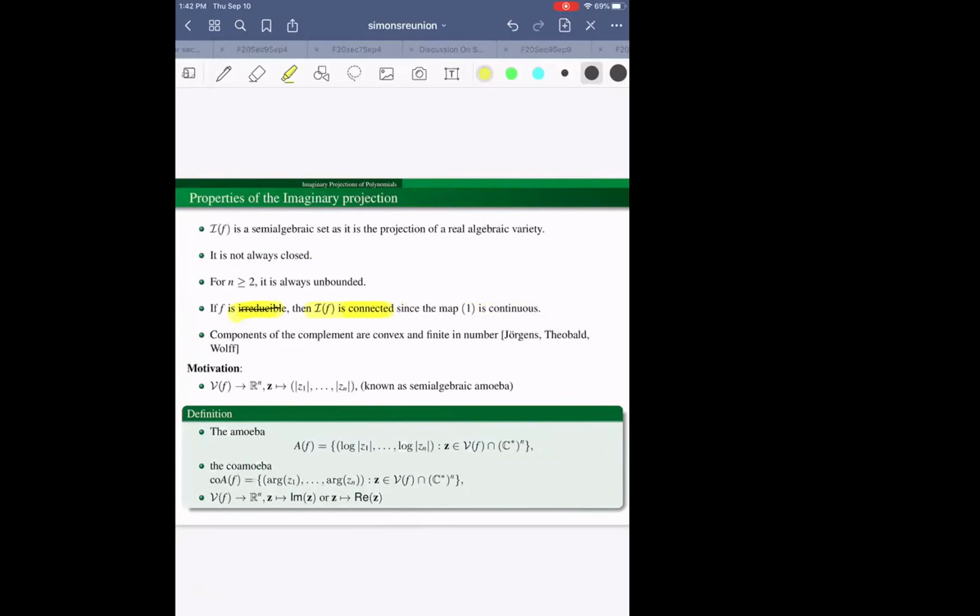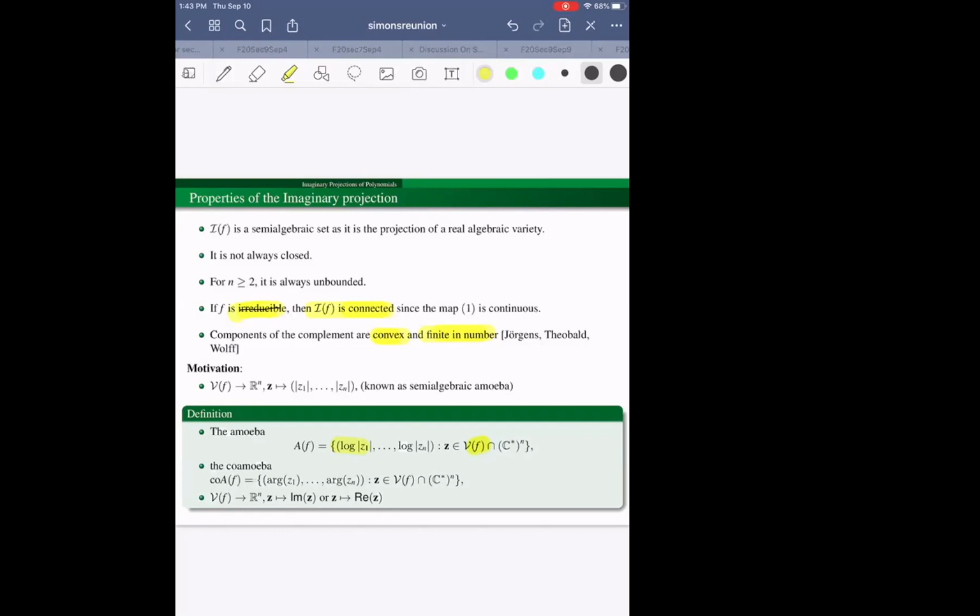And Jurgens, Theobald, and Wolf have also observed that the components of the complement are always convex and finite in number. And this complement of the imaginary projection has a crucial part in conic stability. Another motivation comes from the theory of amoebas, where people are interested in studying the logarithmic images of complex varieties, in general for Laurent polynomials.